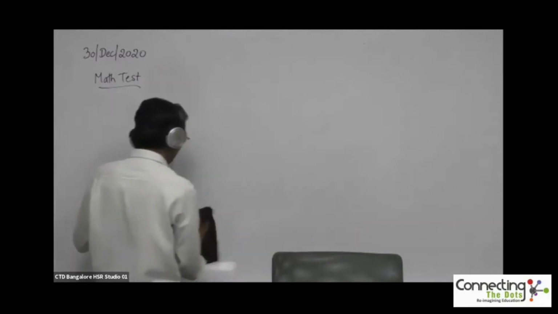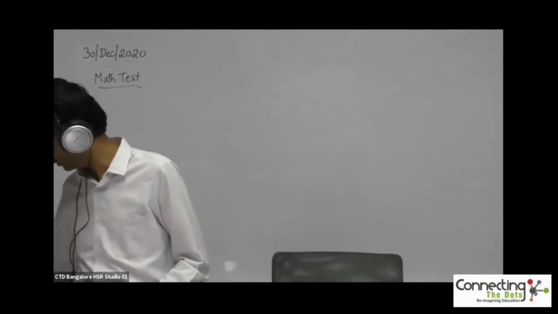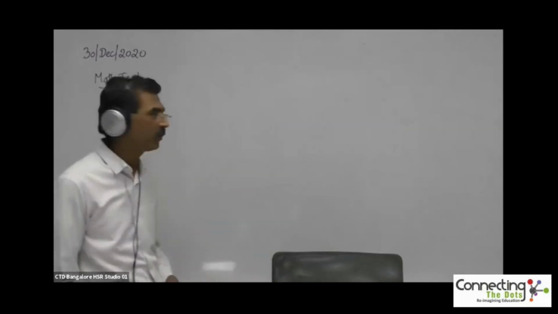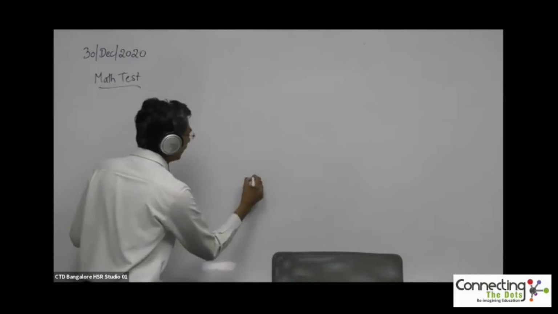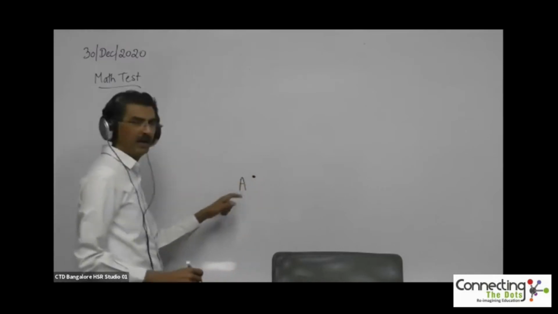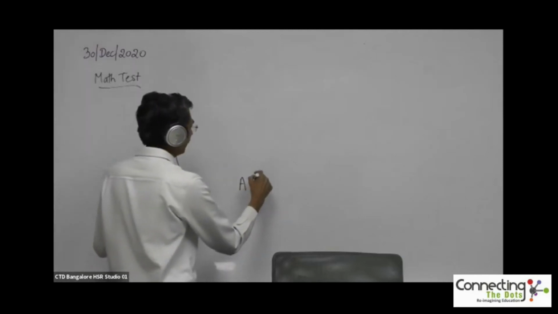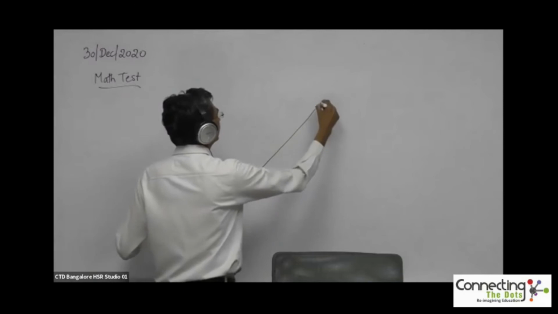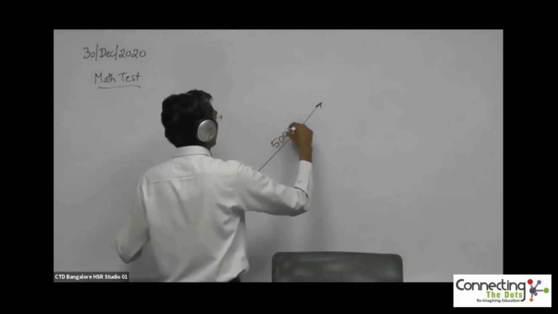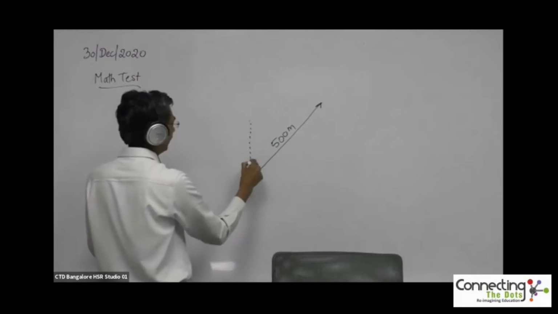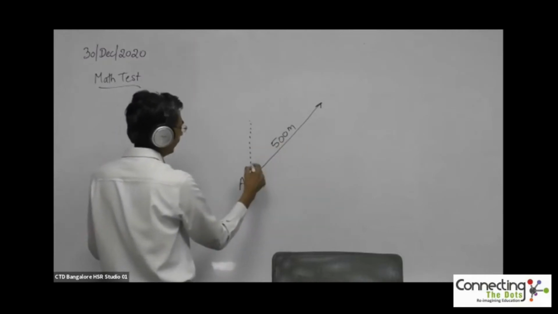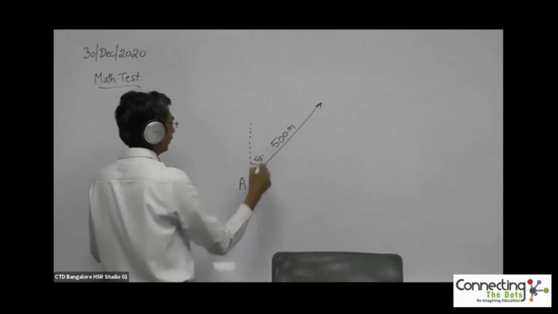So before we go to the homework, I have one other trigonometry question for you. So take a shot at it, right? This is something different from what we have done. We have a point A here, and I start my journey from point A, and I travel 500 meters in the northeast direction, 45 degrees.